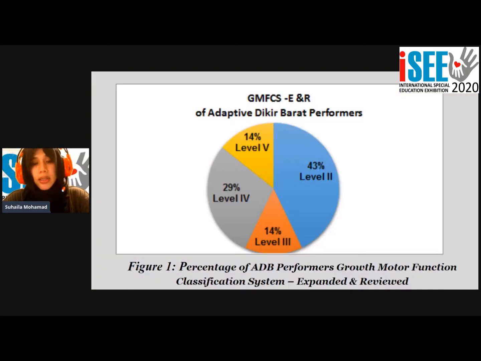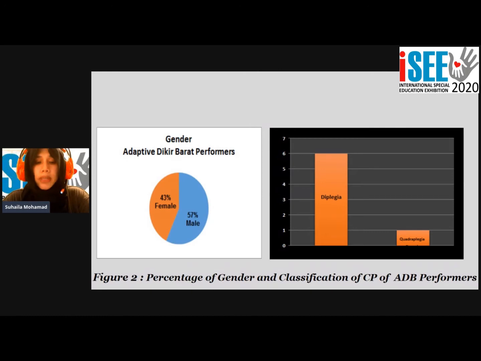The sample consists of 43% level 2, 29% level 4, and both level 5 and level 3 at 14%. And as for percentage of gender and classification of CP, diplegia and quadriplegia were observed, and 43% of the performers were female and 57% were male.